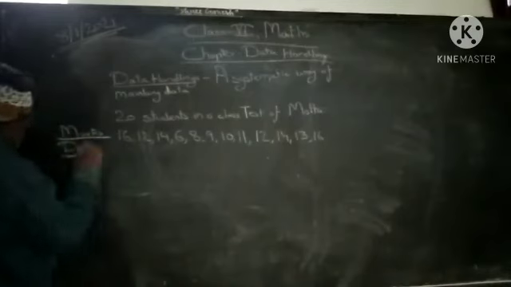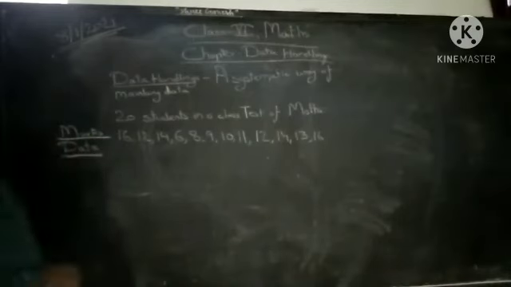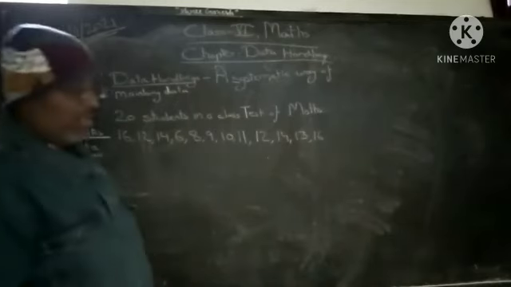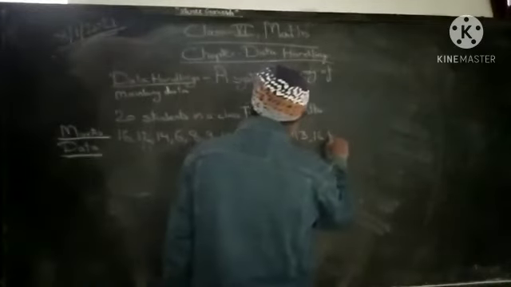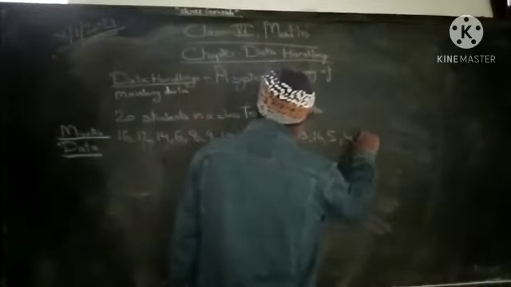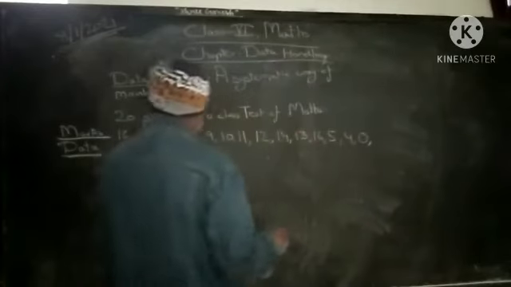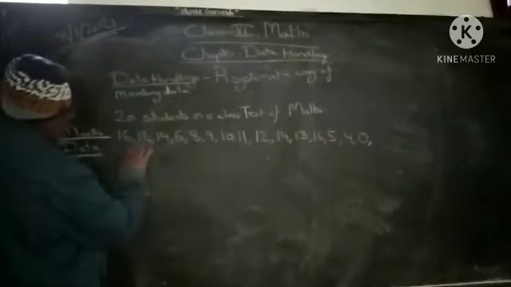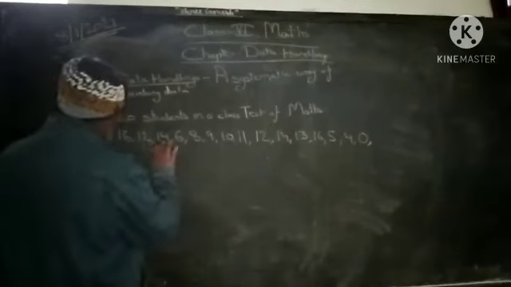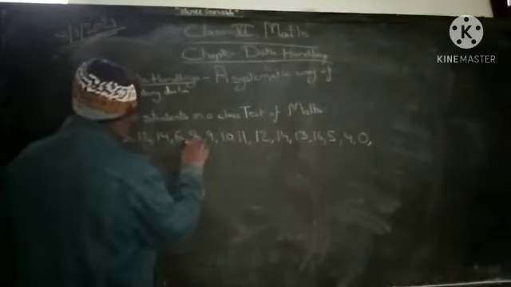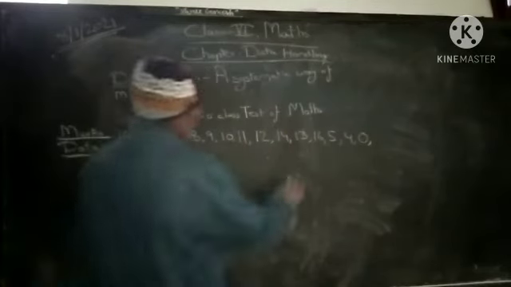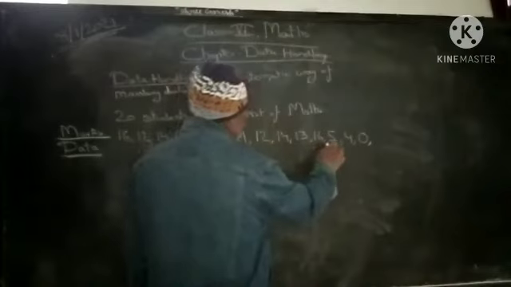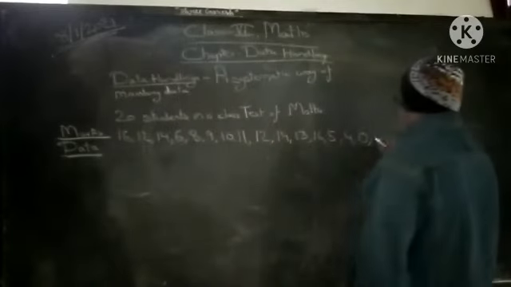Now just assume that you are a class teacher and you need to keep these records. So, let me take someone as 5, 4, someone gets 0. So, 16, 12, 14, 6, 8, 9, 10, 11, 12, 14, 13, 16, 5, 4, 0.